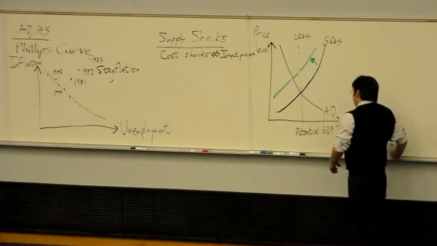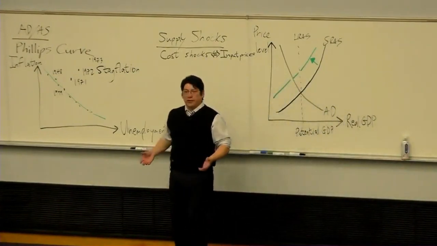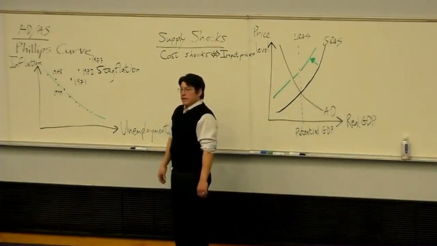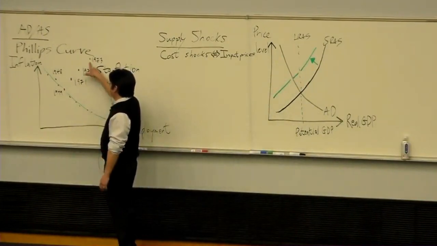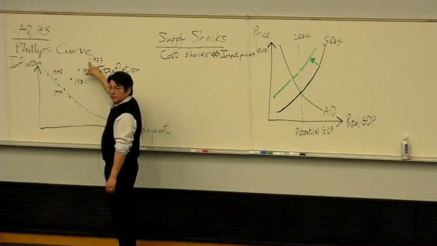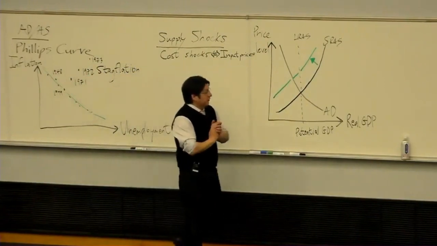The next thing, of course, is to try and figure out what input prices we're talking about. And we can do that hand in hand with trying to think about what might have been the cost shock that was responsible for what we observed here in the 70s.